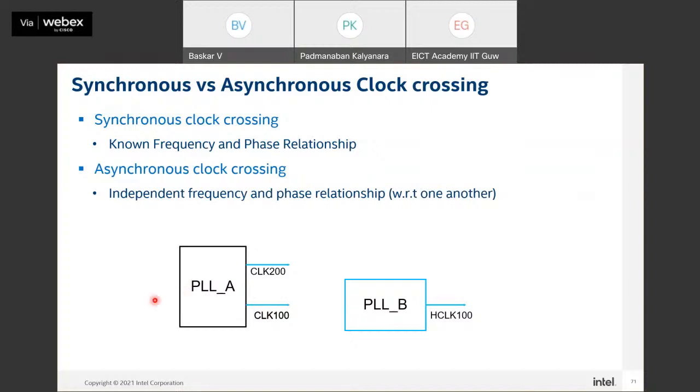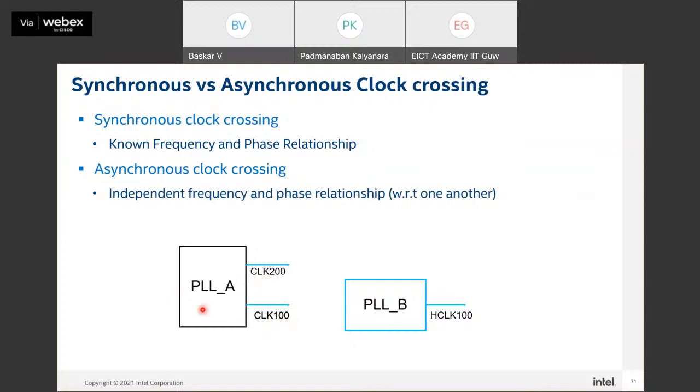You feed a known reference clock to it and configure it to give a specific output frequency. For example, it may take a 25 megahertz clock from a crystal, and you can configure this PLL to give one frequency of 200 megahertz, another frequency of 100 megahertz.